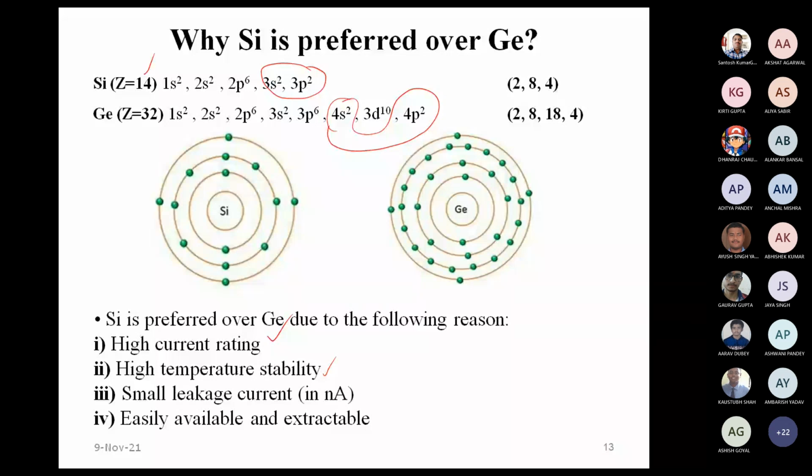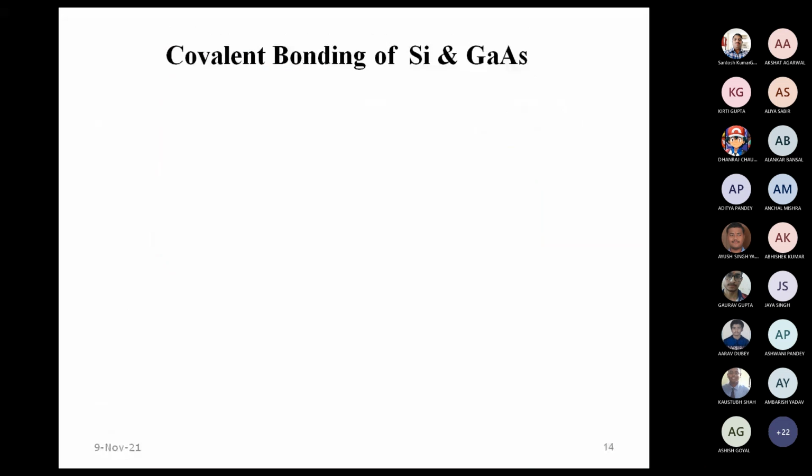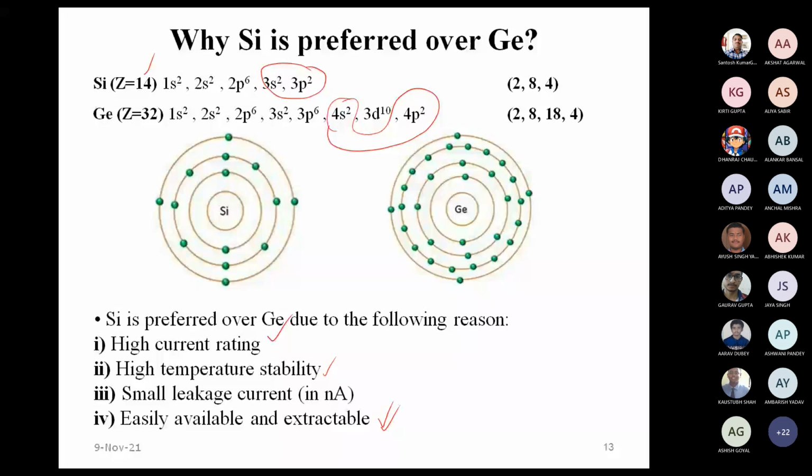There may be a few terms which may not be clear right now, like temperature stability, leakage, and current ratings. As we proceed in our course, a few of these will get cleared.